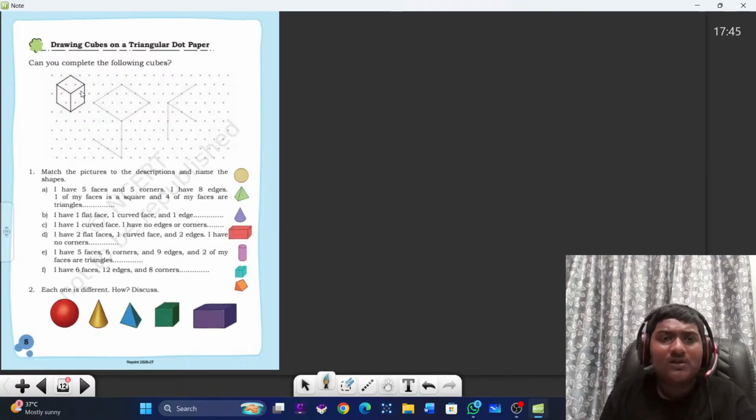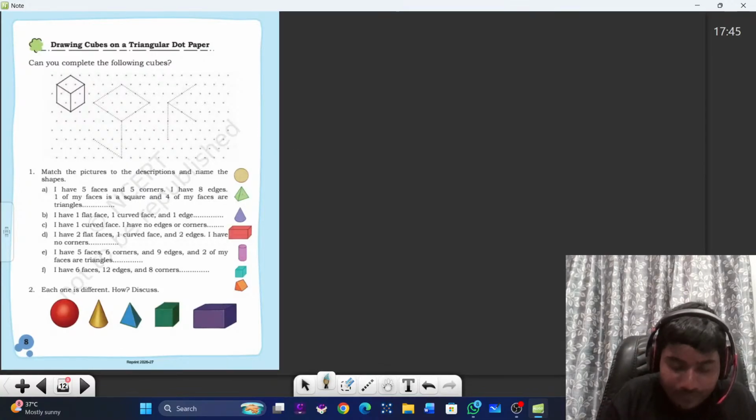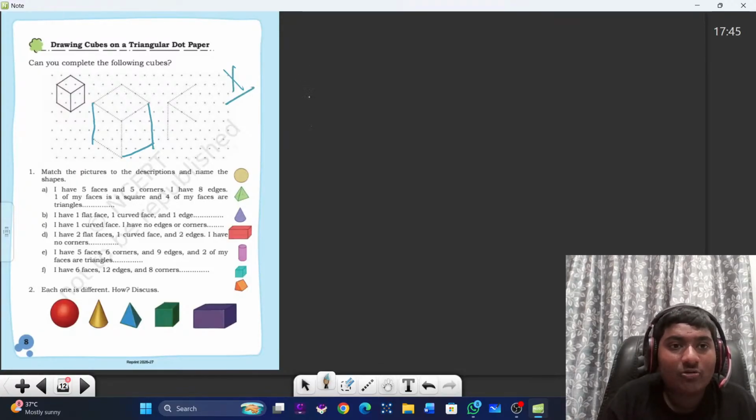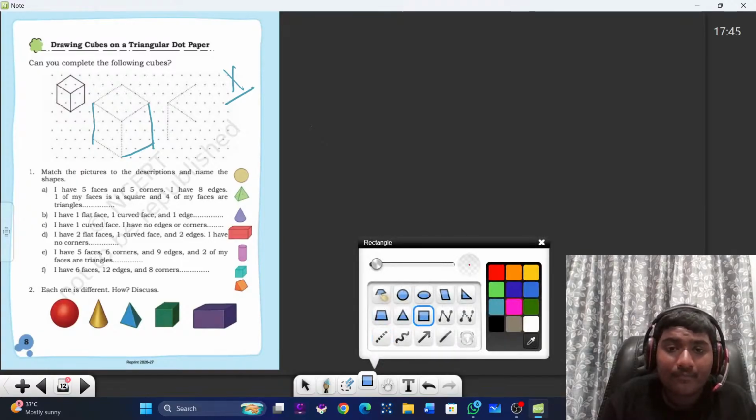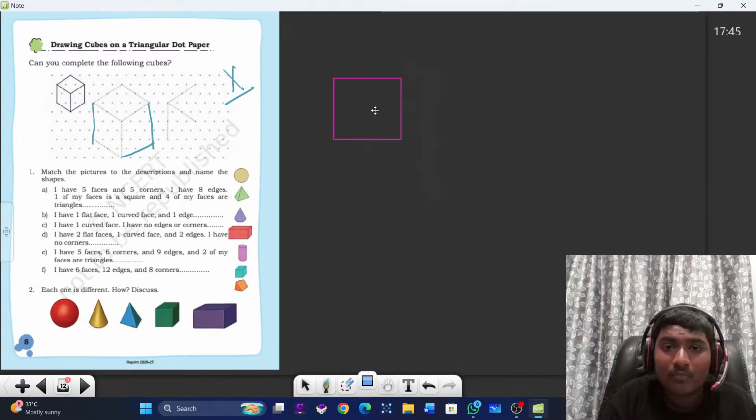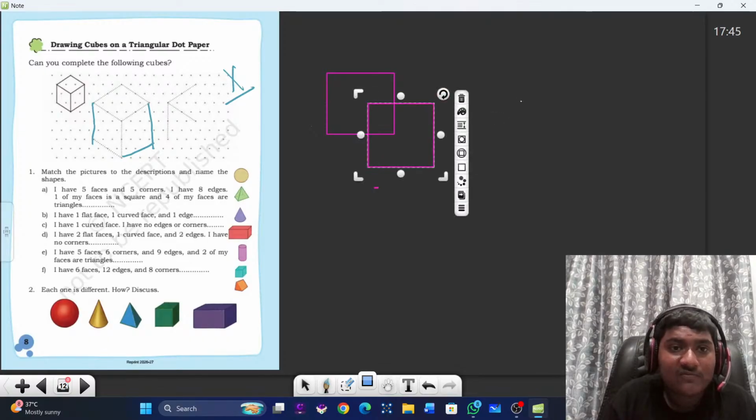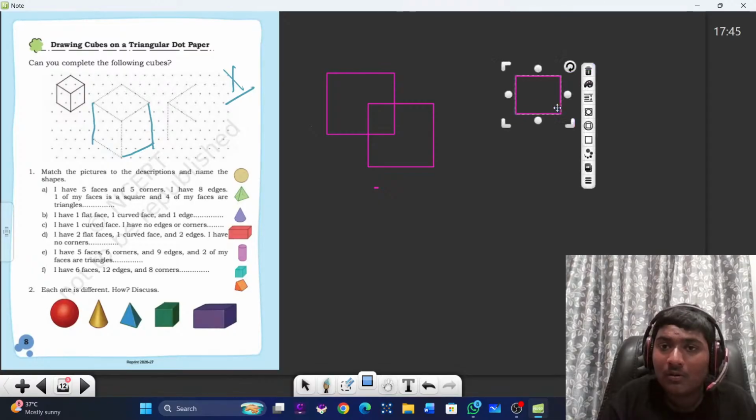Complete the following cubes. So you start doing it. This thing I am not going to do, children. That thing you have to do, but I am going to show you. The first one they have given, and the second one also.